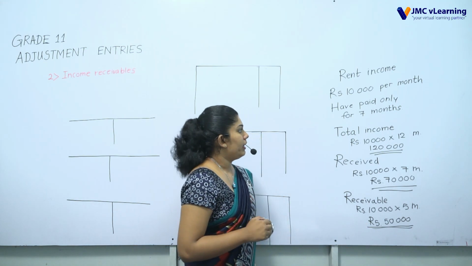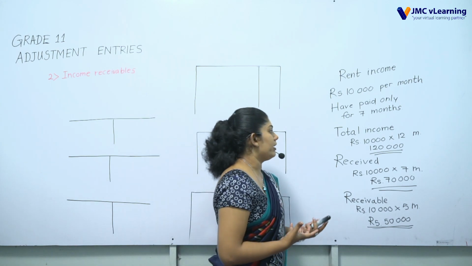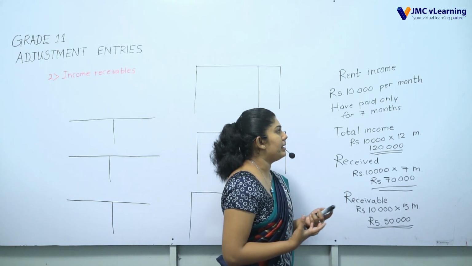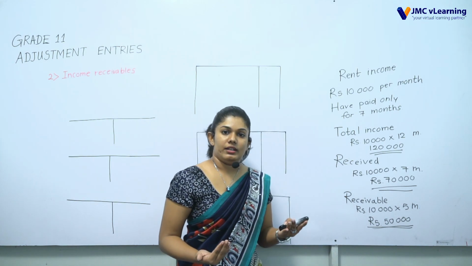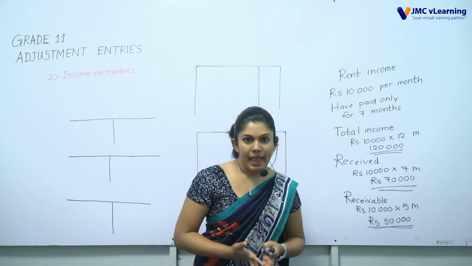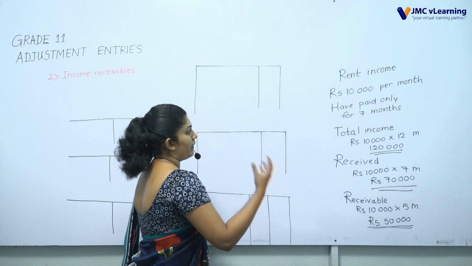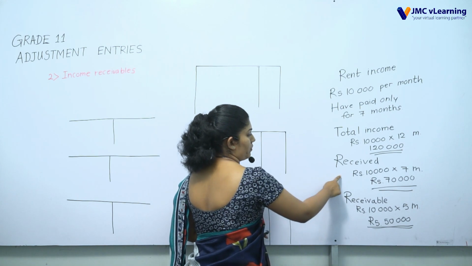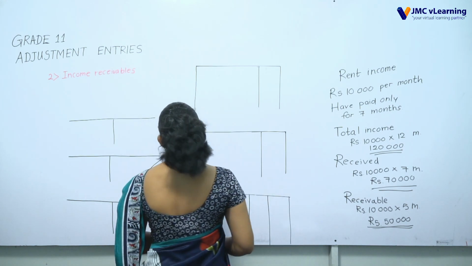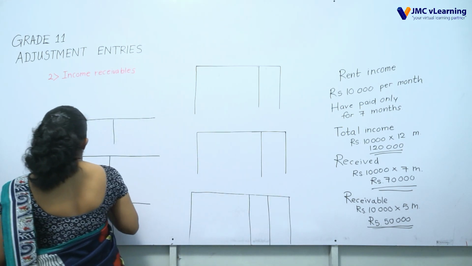So this total income is from rent income, and we have to record this accordingly, just like we recorded accrued expenses. First, we are going to record the received amount.